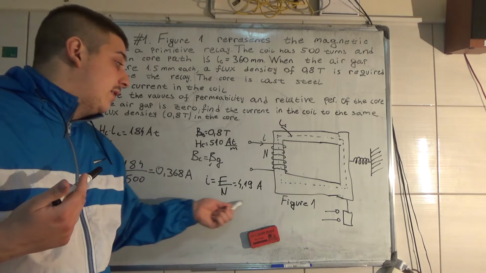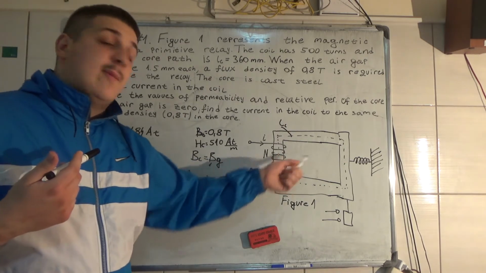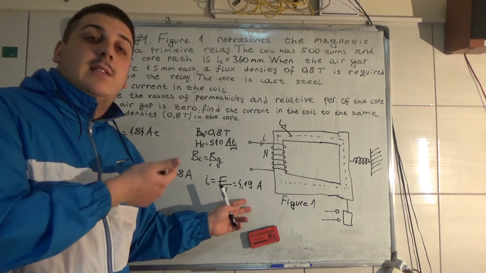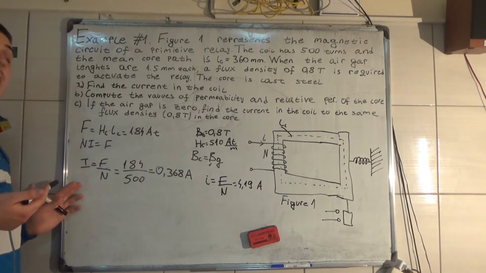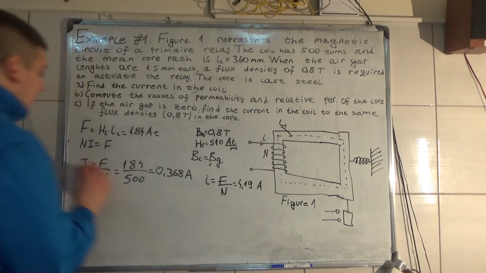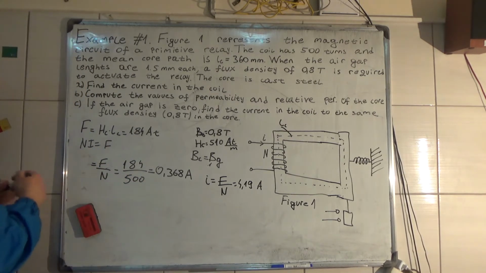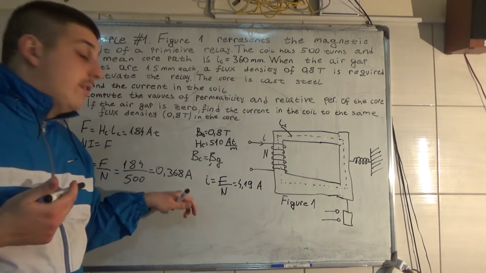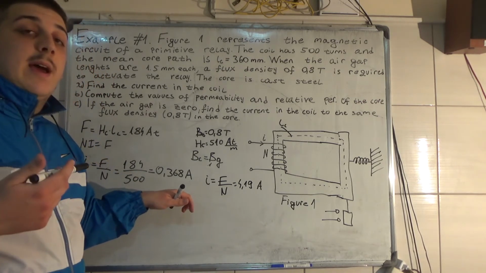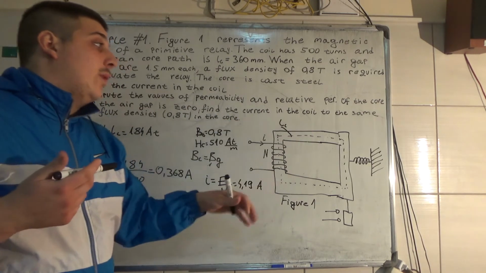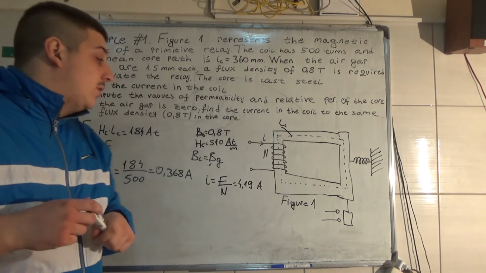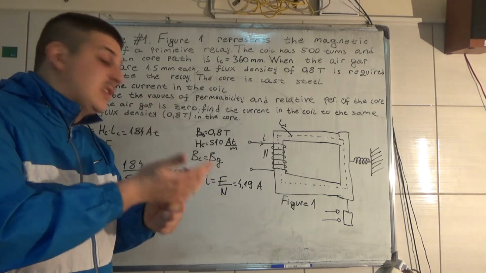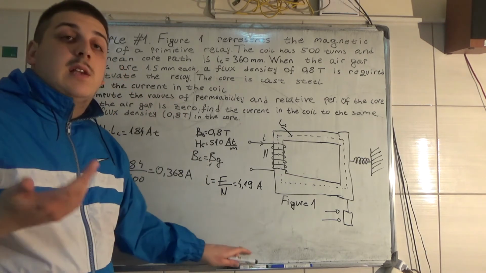So this is the current we needed with the air gap, which is much larger for the same magnetic flux density, and this is the current, let's say it's I, small i. Now this is the current that is needed to magnetize this core without the air gap for the same amount of magnetic flux density. That's a huge difference.